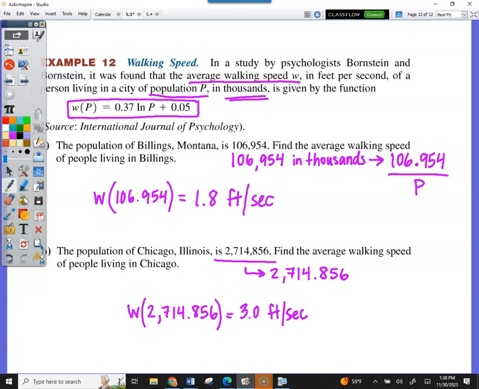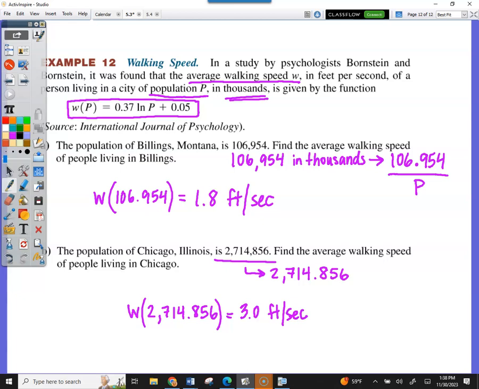Can you formulate in your head why the people in Billings, Montana walk 1.8 feet per second, and the people in Chicago walk 3 feet per second? Don't answer yet.